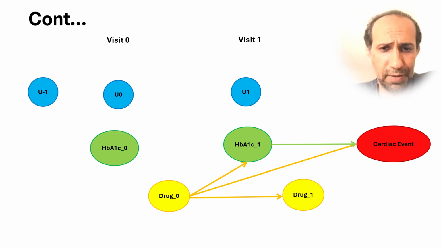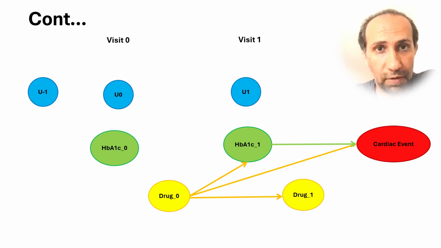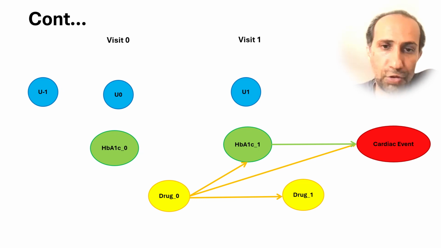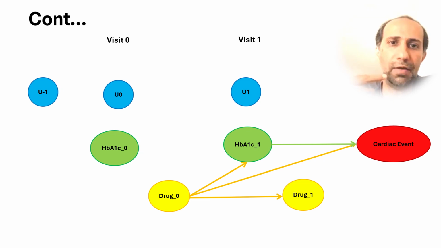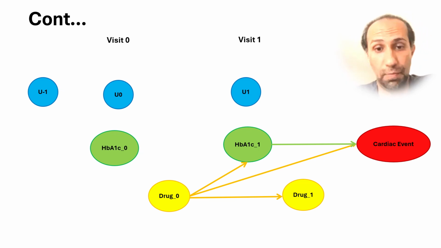This is really tricky because in our graph, HbA1c plays two roles at the same time: confounder and mediator. This is where machine learning couldn't work, actually misleads here. So I want to add one complexity to the other complexity.